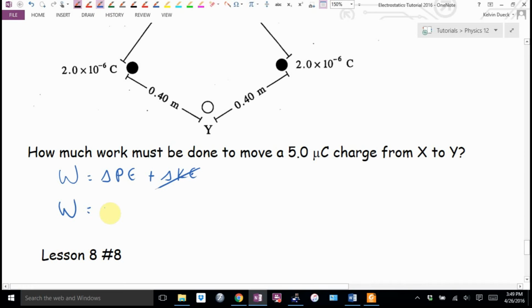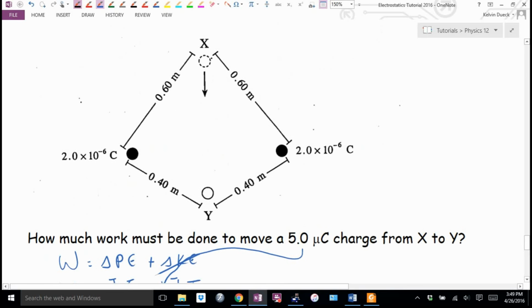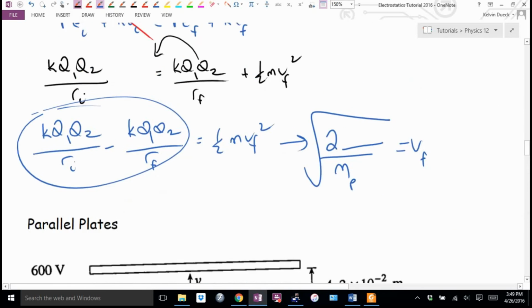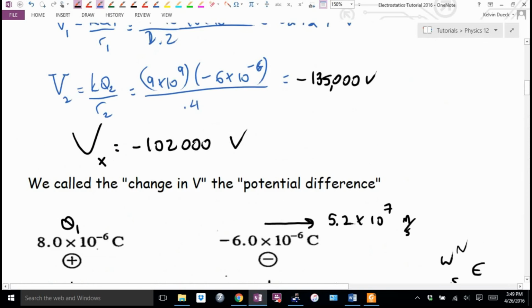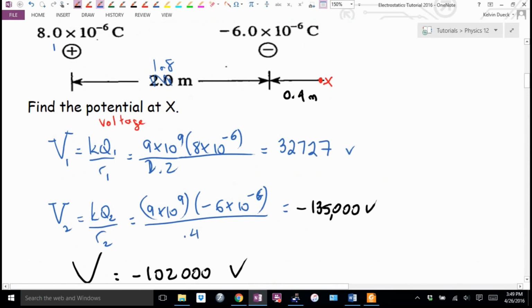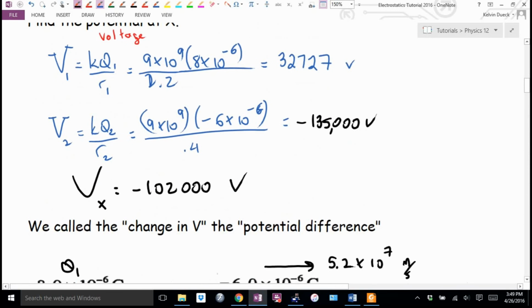I think I can go Q times the voltage at location Y minus Q times the voltage at location X, where this is Q. How would I find the voltage right here? Hey, we did a question like that already where I said find the potential difference between two charges. You would find the voltage from the first charge, voltage from the second charge, add them up.